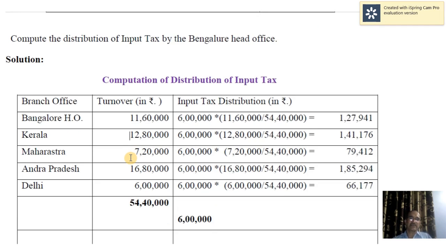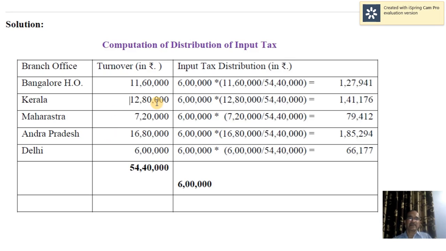Similarly, in the case of Kerala, 12,80,000 is the value of turnover when compared to 54,40,000. So what is its share out of 6 lakh? 6 lakh into 12,80,000 divided by 54,40,000. So you will get this value. And here it is 7,20,000 out of 54,40,000.